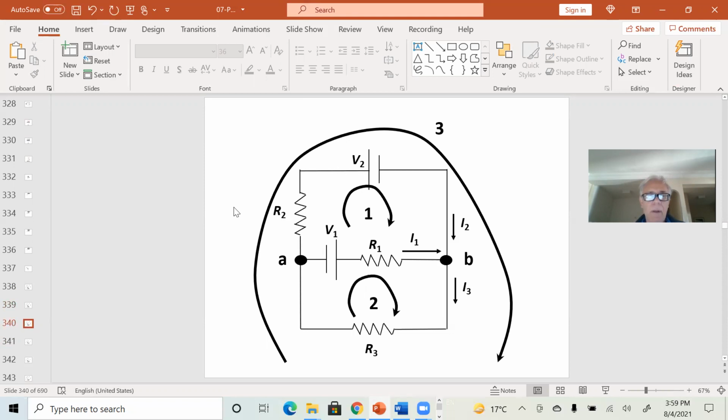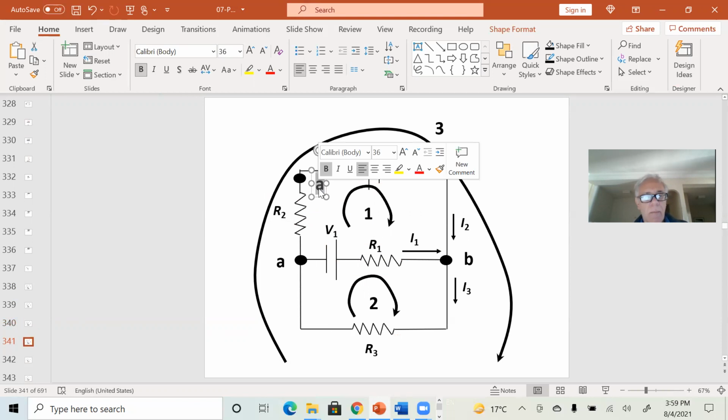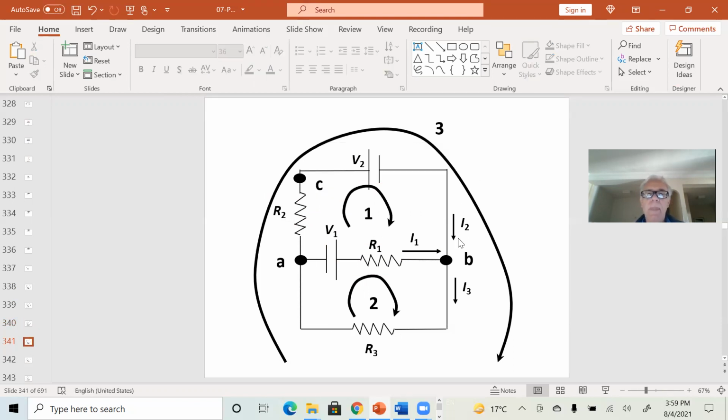We have this one. Put it here. That's going to be C. Point C. This point B is next to this other plate of the power supply.